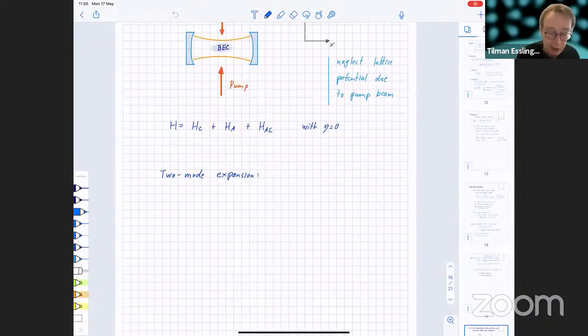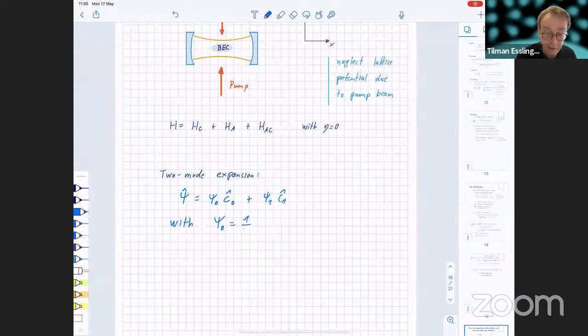So in this two-mode expansion, coming from the general Hamiltonian we wrote down last time, we expand in the momentum zero mode and in a superposition of momentum states. We will come in a moment to see how that looks in a momentum picture.